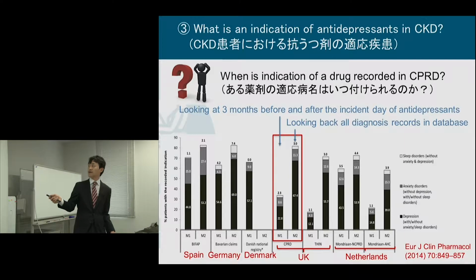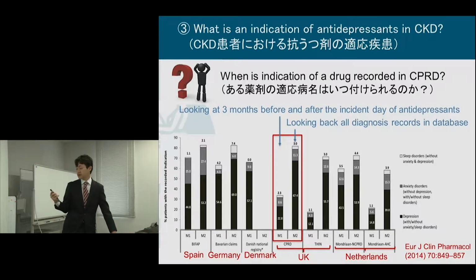But if you look back 1 year, 2 years or 3 years before, it's more likely to be recorded, because once doctors input a diagnosis, they never record it again. It's different country by country and database by database. In some databases, doctors may input the diagnosis every time. But in the UK, it's not, and I don't know about Japan.